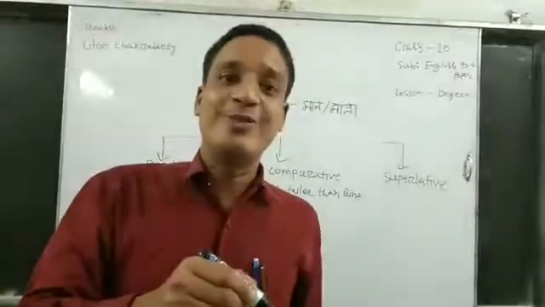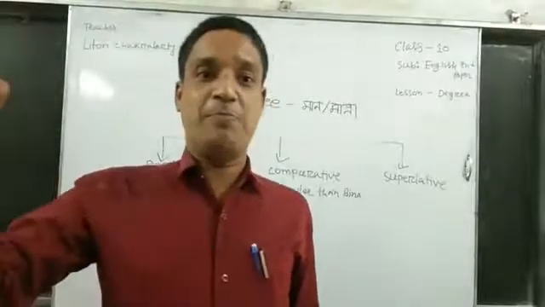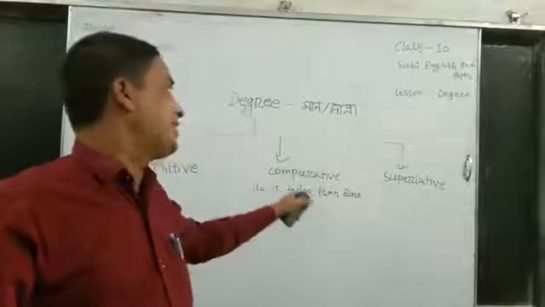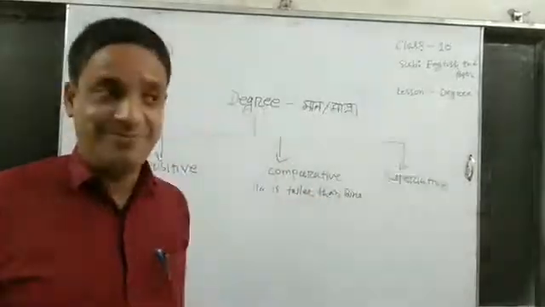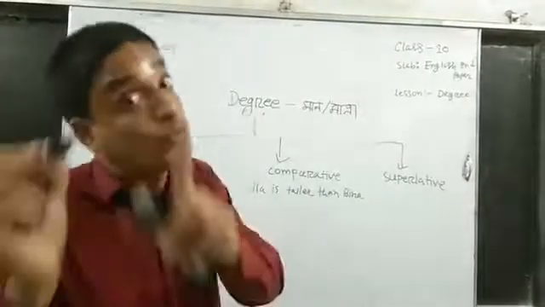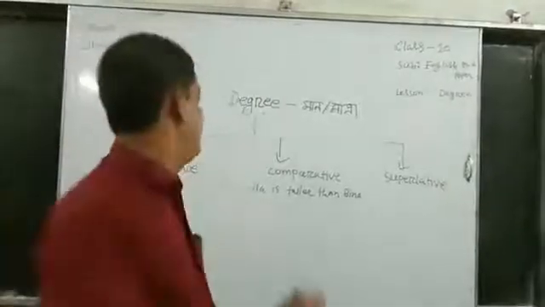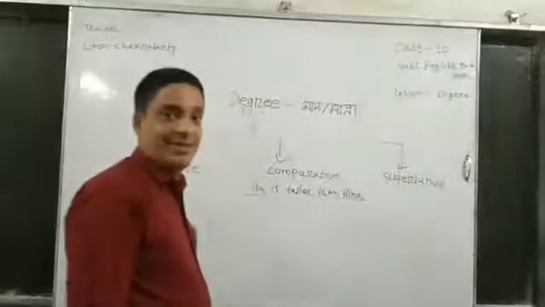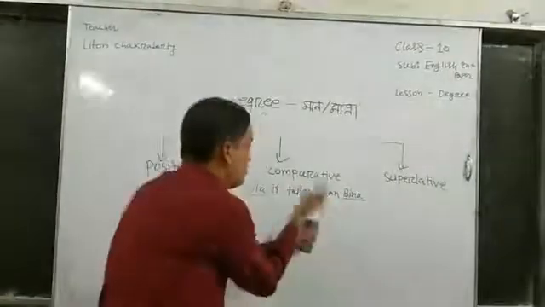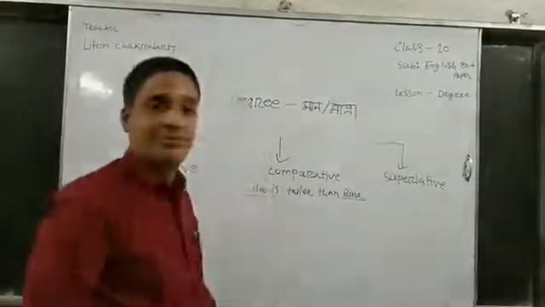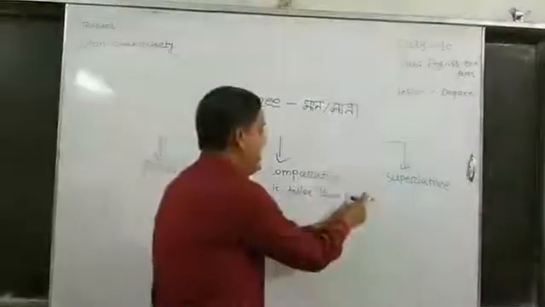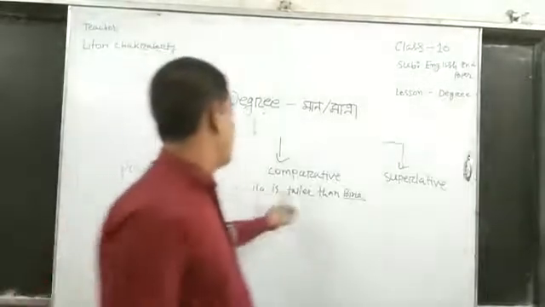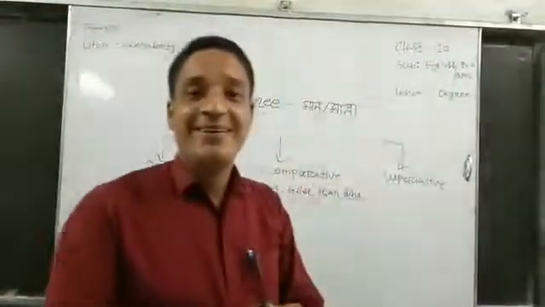I wrote on the blackboard that Leela is taller than Bina. There were two girls named Leela and Bina. There is a comparison between the two, Leela and Bina. Leela is taller than Bina.